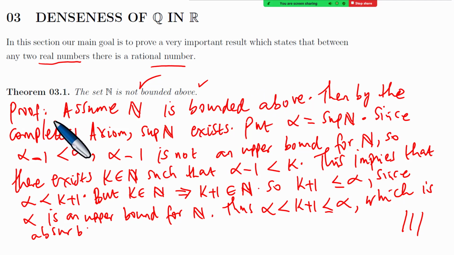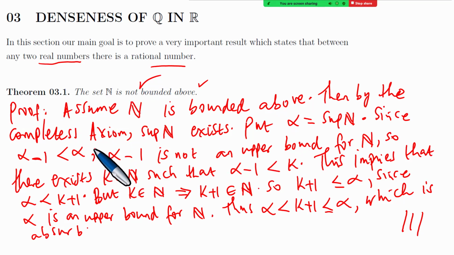To prove this, we attempted to prove it by contradiction. And the way to prove things by contradiction is to assume the contrary. So assume n is bounded above, because we need to prove it's not bounded above.